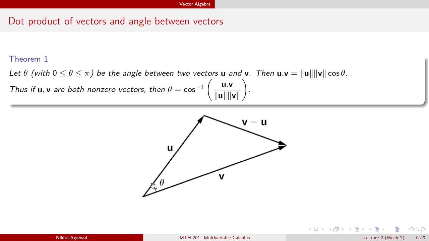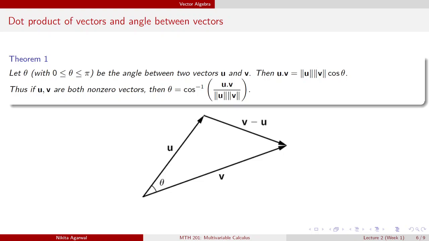There are two angles between the vectors, right? You take the smaller one. Another observation is that if u and v are unit vectors, then theta is cosine inverse of u dot v, right? So for two unit vectors, the dot product is nothing but cosine of theta. Okay, so this is the geometrical significance of the dot product of two vectors.